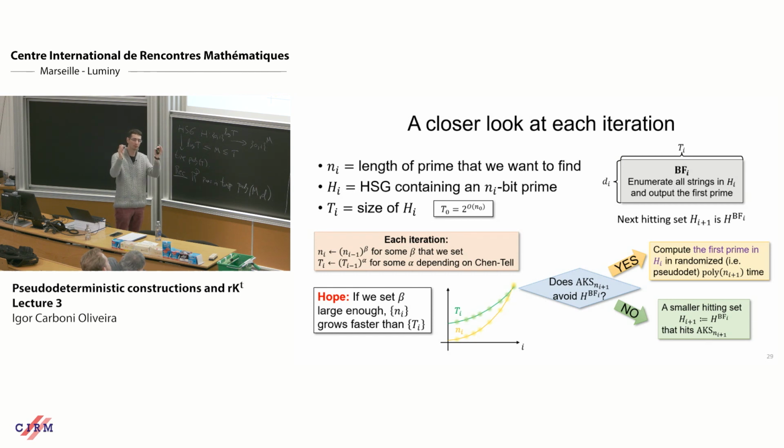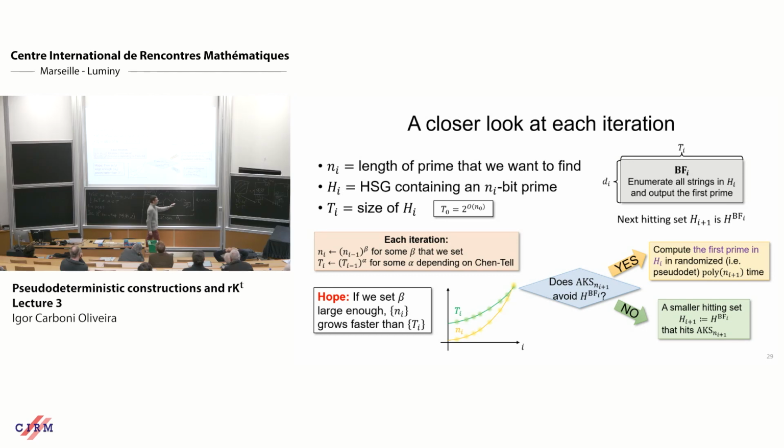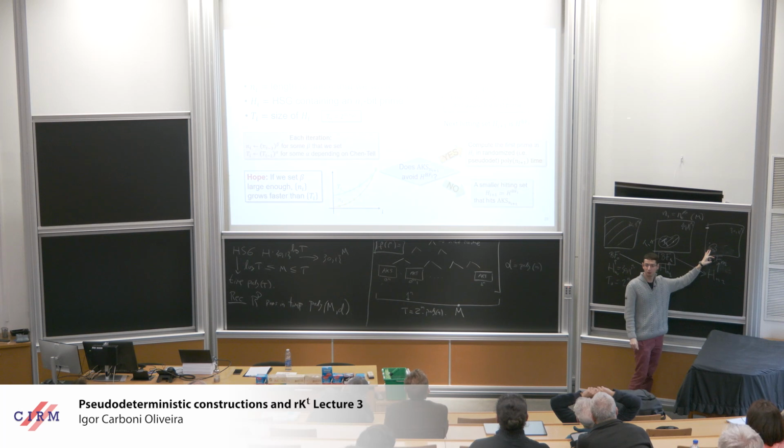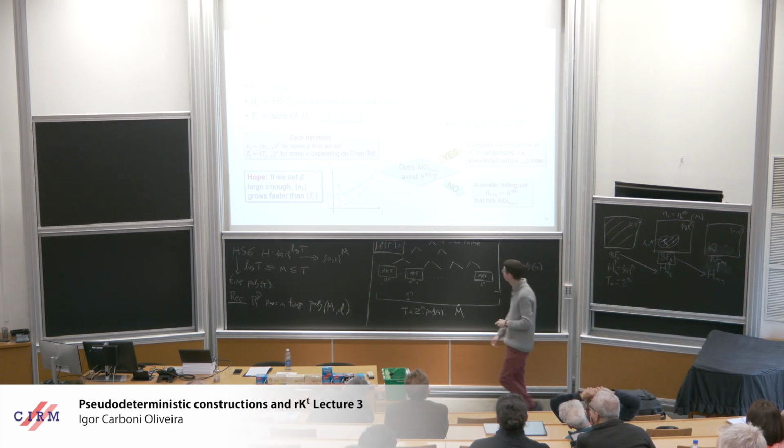So we're stretching a little bit more than the overhead from the running time. And the hope is that if we do this enough times, then eventually the input length is large enough so that the size of the hitting set is just polynomial in the input length. And therefore we can just enumerate and have a polynomial time algorithm. So that's the hope.